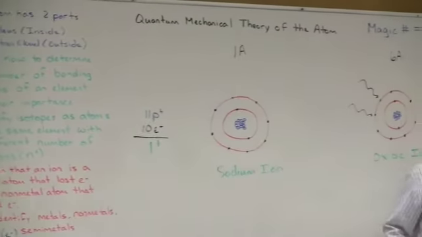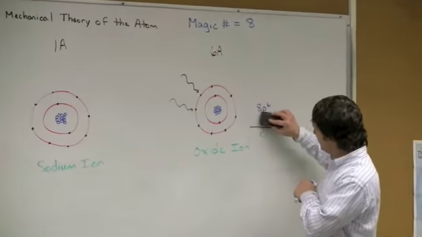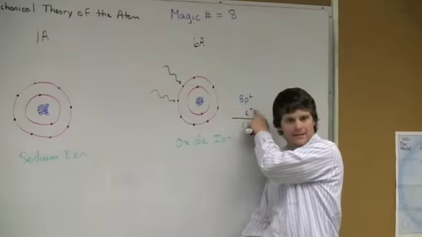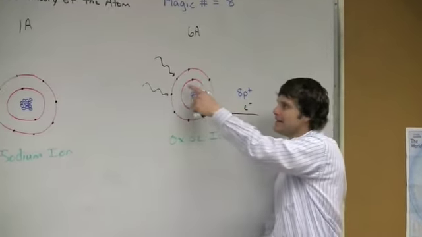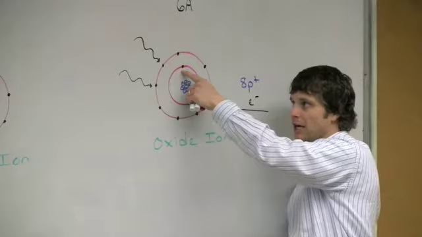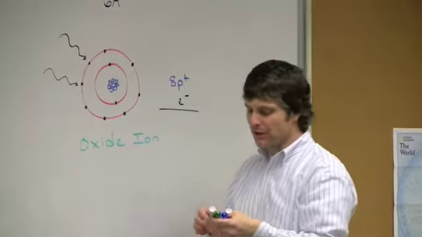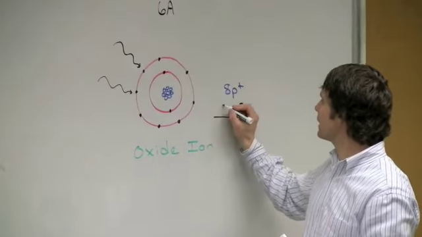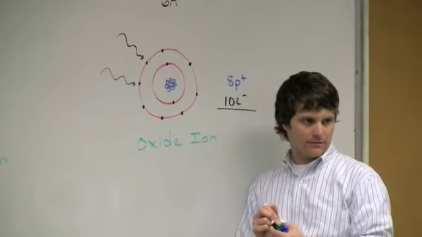Alright, and then finally, the last part of this, I have to change the number of electrons. The number of protons stayed the same, but now, instead of having 8 electrons on the outside, it's got 2 in energy level number 1, it's got 8 in energy level number 2, and so now it's got a total of 10 electrons.